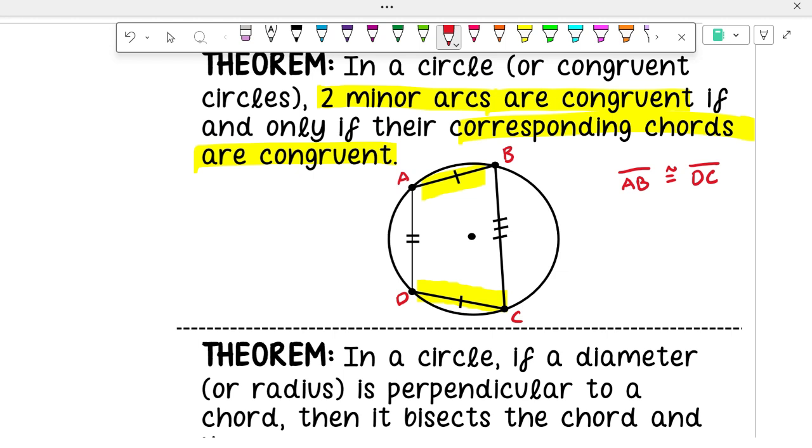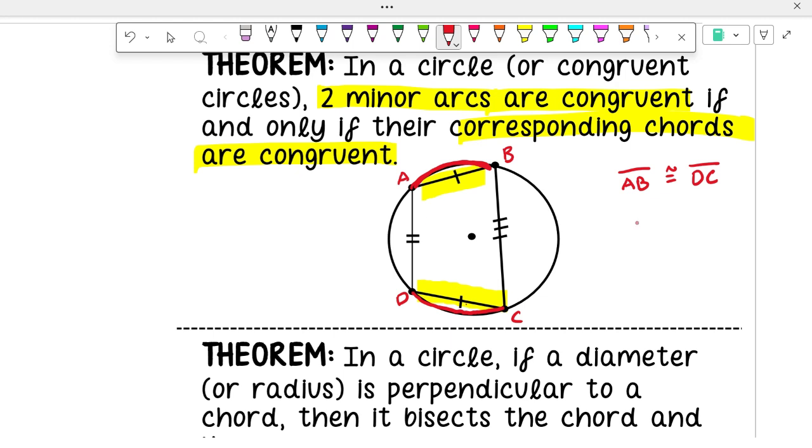But on top of that, the arcs formed between those two points are also congruent. And it makes sense because, like I said earlier, if you have a certain designated length of space, let's say this was like an inch, that means that however much an inch is from one end of the circle to the other, that arc piece should be the same on either side.